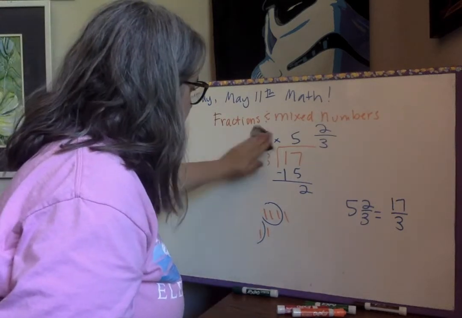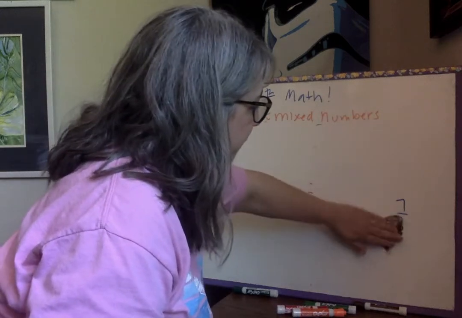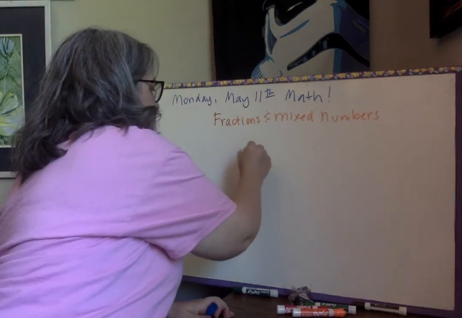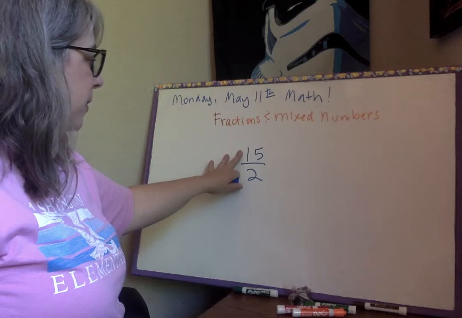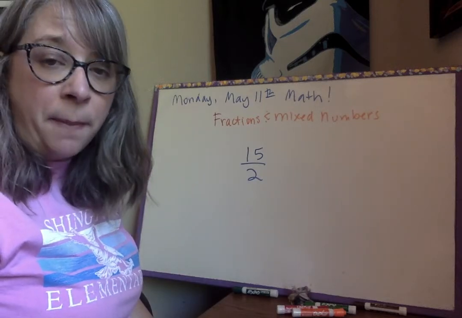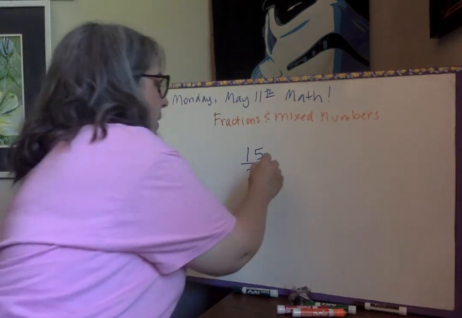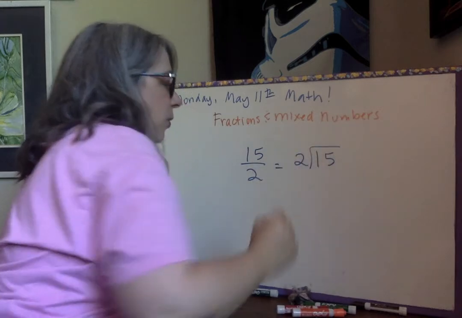Let's do 15 over 2. Now, the first thing you should know is 15 is not an even number, so 2 is not a factor of it, so we've got to figure it out. So we're going to do 15 divided by 2.